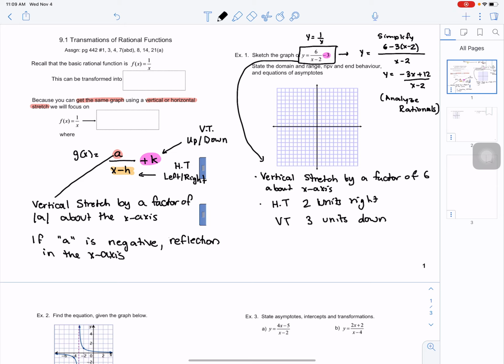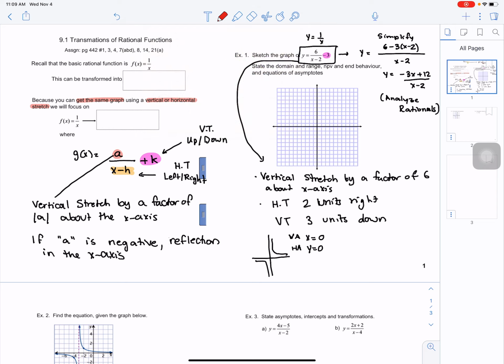Now what we're going to do is compare this to our normal graph that we're used to, which is our typical rational function, which had a branch here and a branch here. So my normal horizontal asymptote would have been 0, and my normal vertical asymptote would have been 0 as well, and now we're going to transform these.